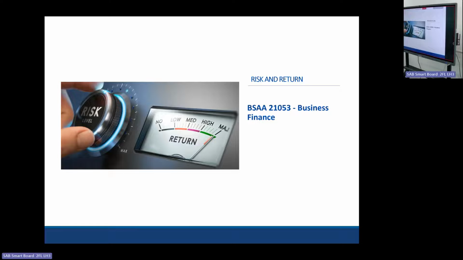If you invested in the stock market, your risk premium should be large because you are taking high risk. So in order to compensate the investor, you should have a large risk premium.